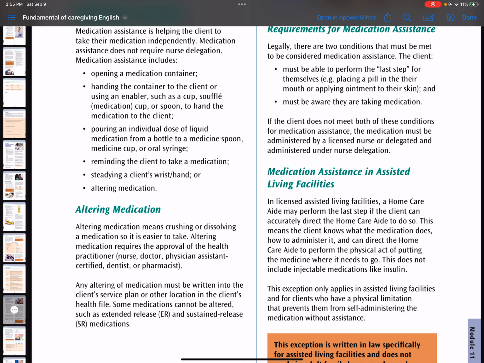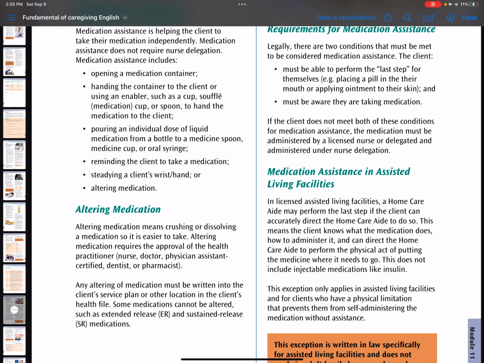Requirements for medication assistant. How do you identify medication assistant from medication administration? Legally, there are 2 conditions that must be met to be considered medication assistant. First, the client must be able to perform the last step for themselves, like placing a pill in their mouth or applying ointment to the skin.